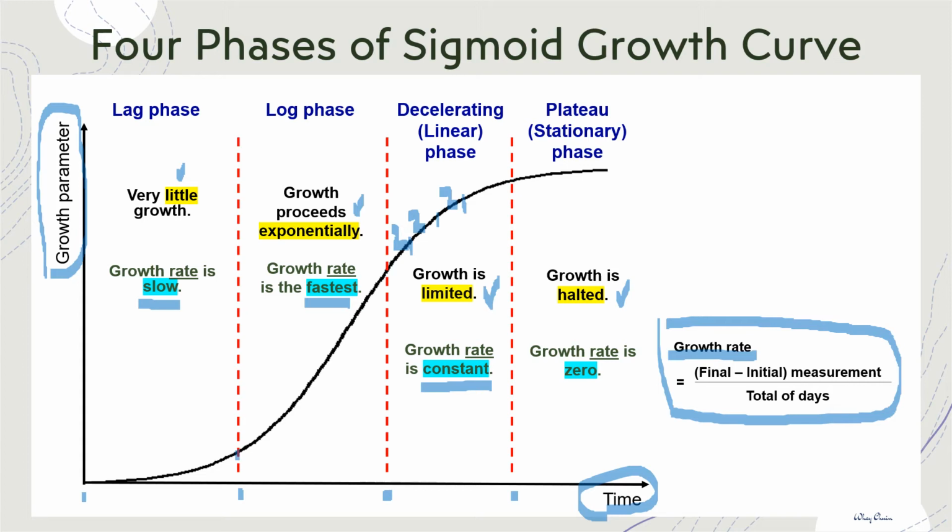Dan plateau ialah untuk fasa terakhir, growth rate kita kata zero walaupun dia ada catatan pertumbuhan, disebabkan bila saya ambil catatan untuk fasa terakhir ini, setiap hari saya pergi ukur, dia menunjukkan data yang paling maksimum already. Katakan di sini 20 cm tumbuhan itu. Itu maksudnya plateau phase.